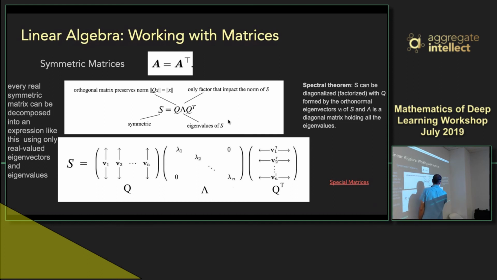You can form a diagonal matrix and fill it up with the eigenvalues. You can take the eigenvectors, stack them up together, and build a matrix this way, and you transpose it. So this is a transposed matrix here. You multiply all of these together, and that gives you the original matrix. All right? And that has a lot of useful properties.